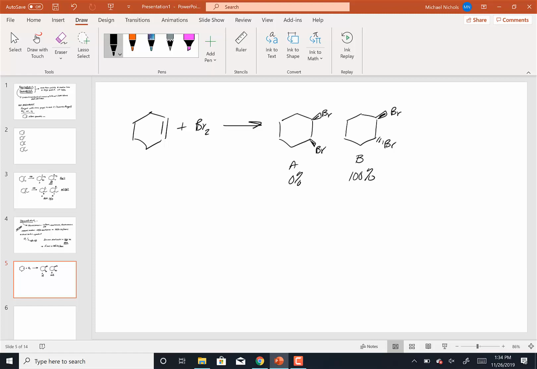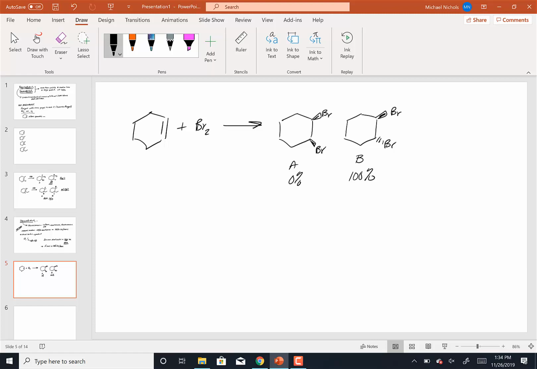But what I just said a few minutes ago was the people who did regio and stereoselectivity did not come up with a way or another name to describe something that's 100-0. They just said, oh, it's selective. Okay. So that's selective. Is A possible? It's possible. If we didn't know the mechanism, it would be possible, but it's not going to be formed.